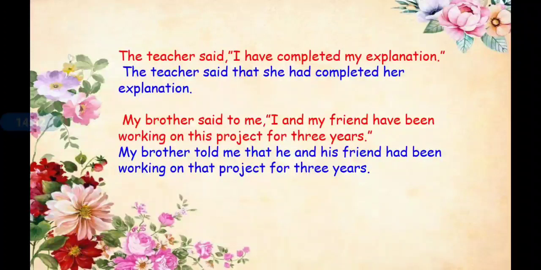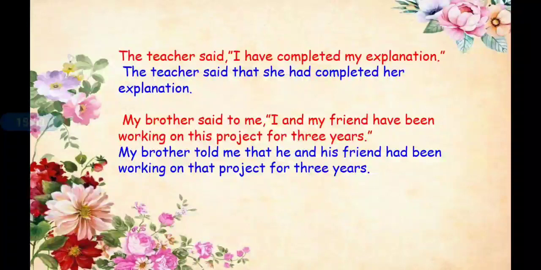The teacher said, I have completed my explanation. What is the reporting verb here? Said. And what is the tense of the sentence inside the quotation marks? I have completed. That means it is in the present perfect tense.